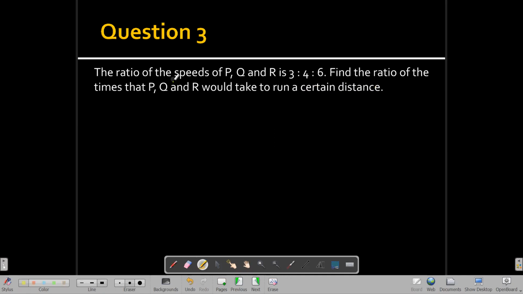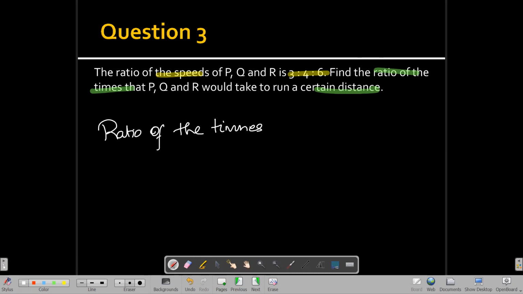In the question, it is given the ratio of the speeds of P, Q, R is 3:4:6. So the ratio of the times that P, Q, R are going to take to run a certain distance will be nothing but the inverse of the ratio of the speeds.